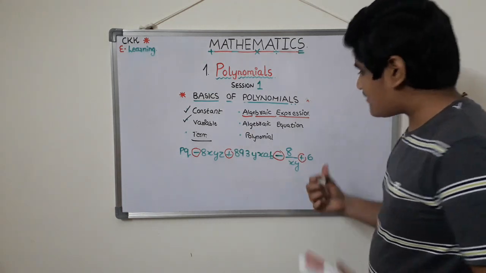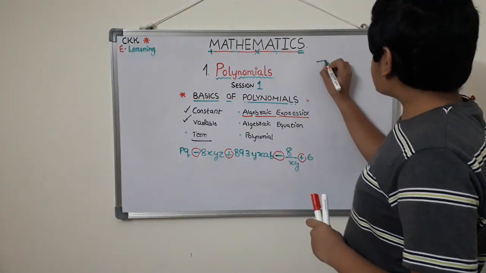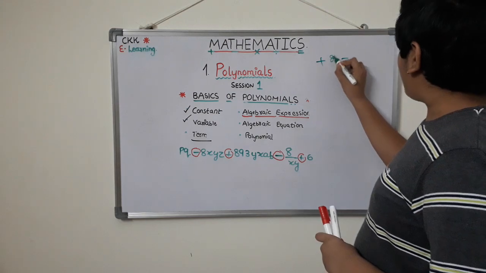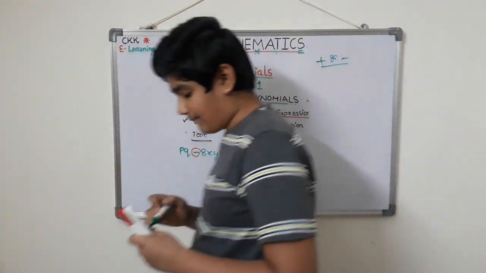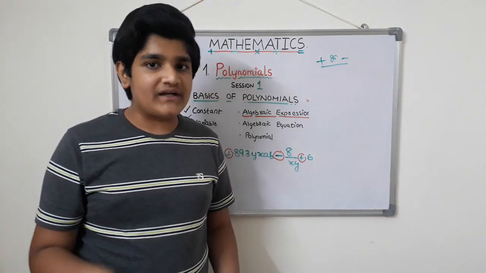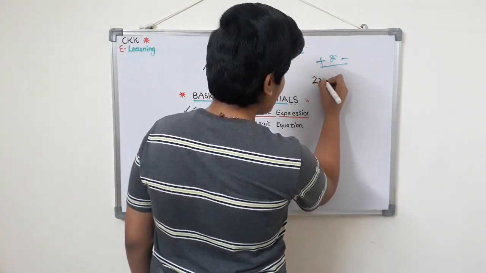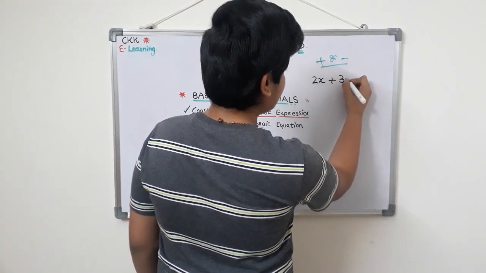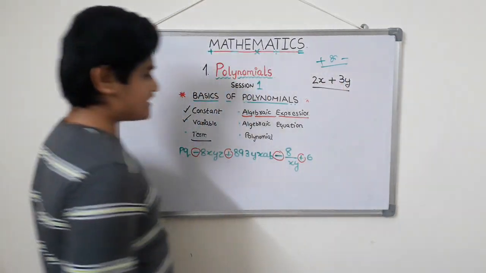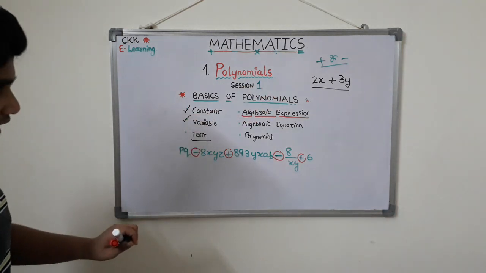These all are terms, and you are combining them with symbols like plus and minus. Now see, here we do not multiply or divide them. Why, I will explain. Now see, 2x plus 3y. This is an algebraic expression. Did you understand what is the meaning of algebraic expression?